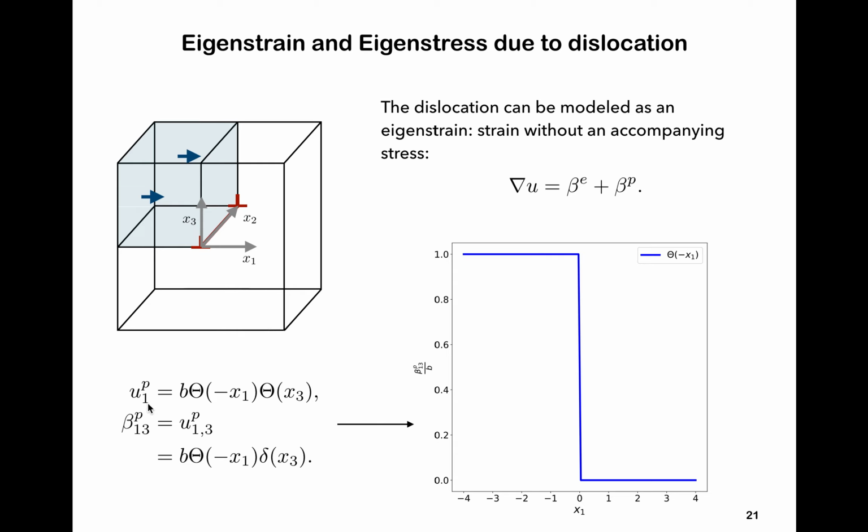Once you have this, the plastic strain beta p can be obtained by simply taking the derivative of this particular term. For instance, if I look at the beta 13 component, it is computed by taking the derivative of this with respect to x3. The only catch here is that u1p is not really a nice smooth function, right?